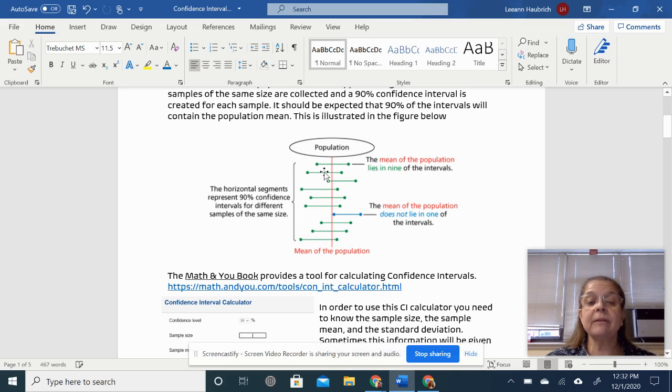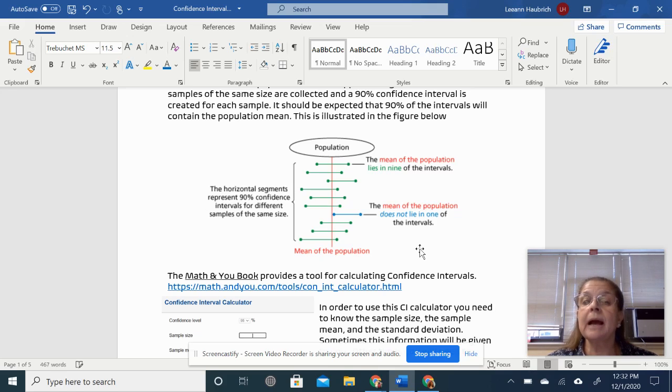Altogether, there are 1, 2, 3, 4, 5, 6, 7, 8, 9, 10 different samples of 100 each. So the N, the quantity, the number in each sample is 100. And then each person is going to get a sample statistic, a sample mean.